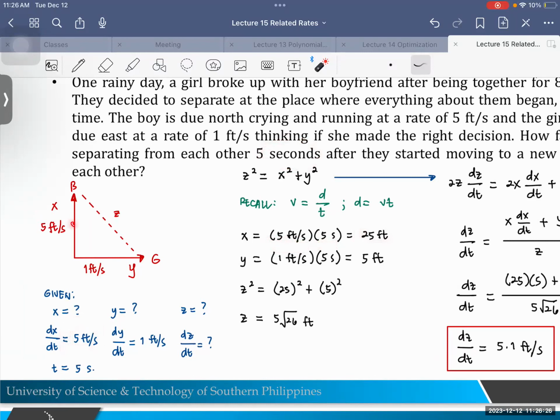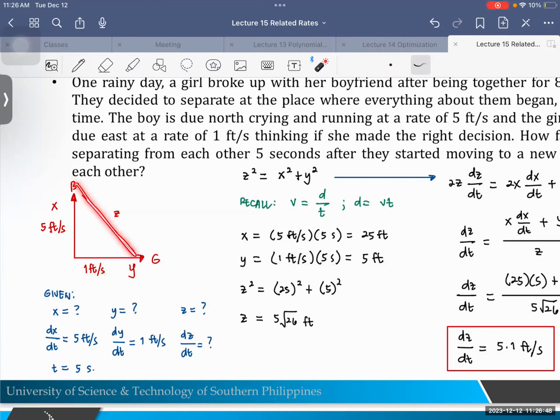Then y is the walking rate of the girl, 1 foot per second, times 5 seconds, that is 5 feet. So after 5 seconds, the girl is 5 feet from the starting point, and the boy is 25 feet away.